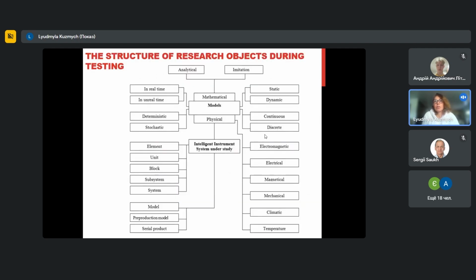After a series of experimental tests, as a result of which an assessment of the state of the system under study is determined, the parameters of the latter can be optimized in accordance with the objective function. In the figure on the slide, you can see the structure of research objects during testing.